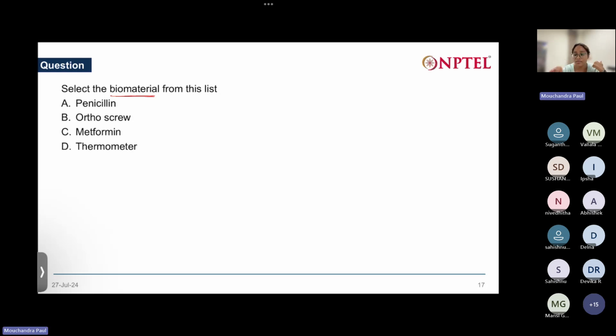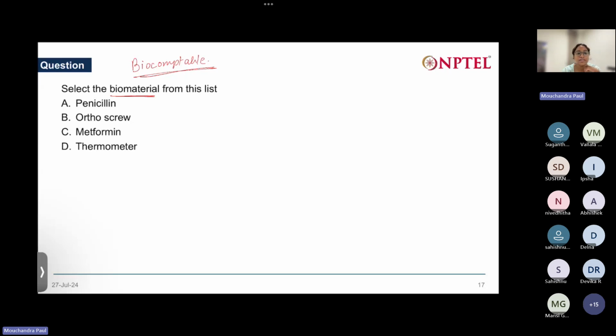So there's a term called biocompatible. People generally say a biomaterial should be biocompatible. Means if you are using a material, say PEG, polyethylene glycol, for drug delivery, it should deliver the drug.